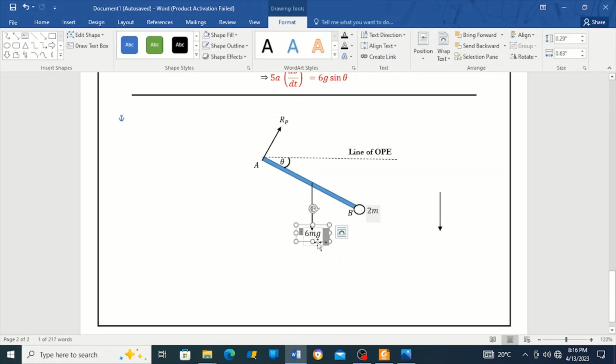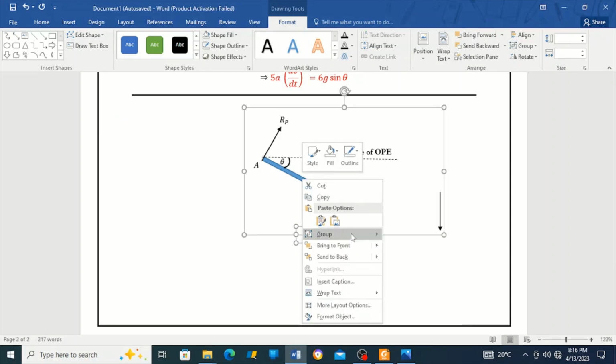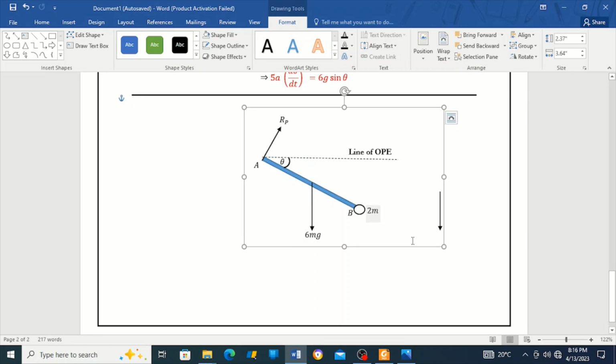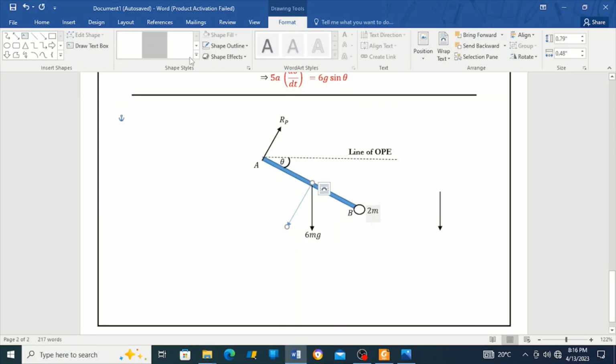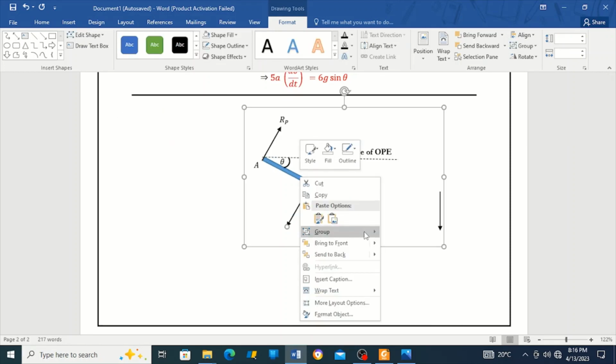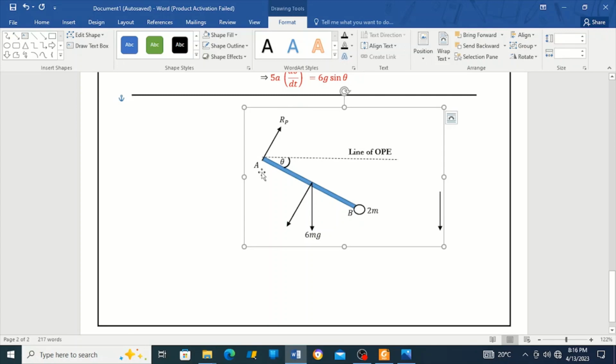Now this weight is acting vertically downward and the rod is inclined, like an inclined plane. So we are going to have a component of the weight that is perpendicular to the rod, something like this. If you resolve carefully, it's going to give you the weight times cos theta.